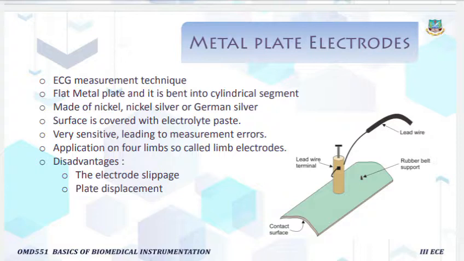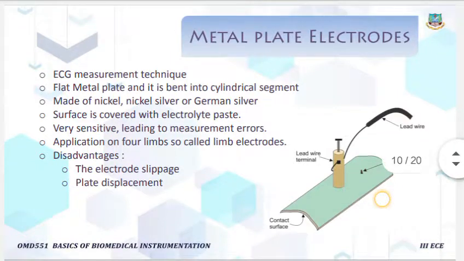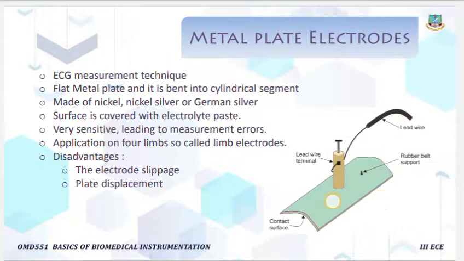The main disadvantages are slippage of the electrode and plate displacement. Normally, we use this electrode for ECG measurement. Under this plate, we put some electrolytic paste and place it on the area where we want to measure the voltage or potential. This is the contact surface, and there will be a rubber belt for support.